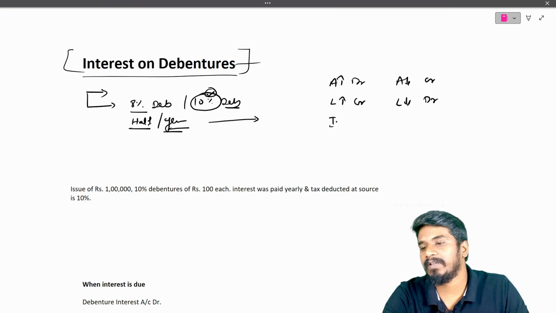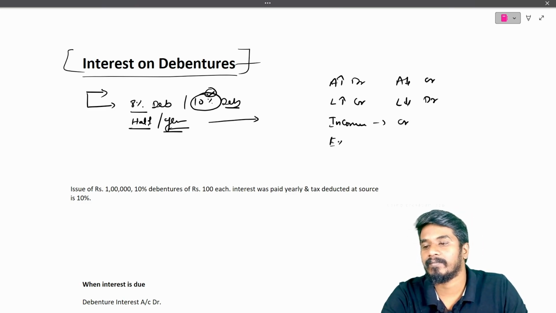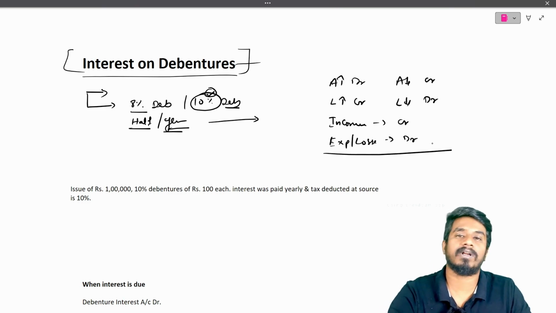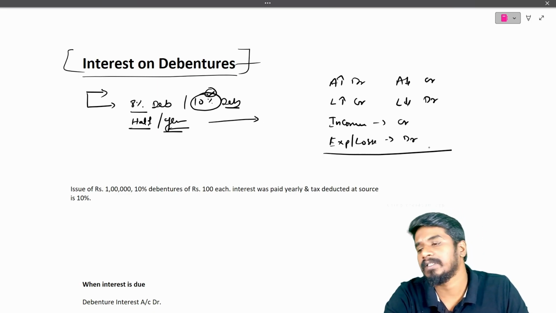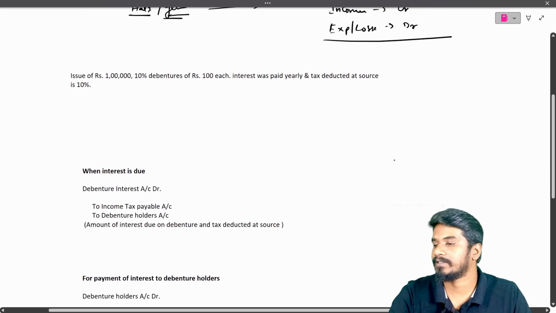If income increases, obviously we need to credit it. And if expenses or losses increase, we need to debit it. So this is the modern rule. This is the most important thing to solve any journal entry. Let us see the example and move on to journal entries.